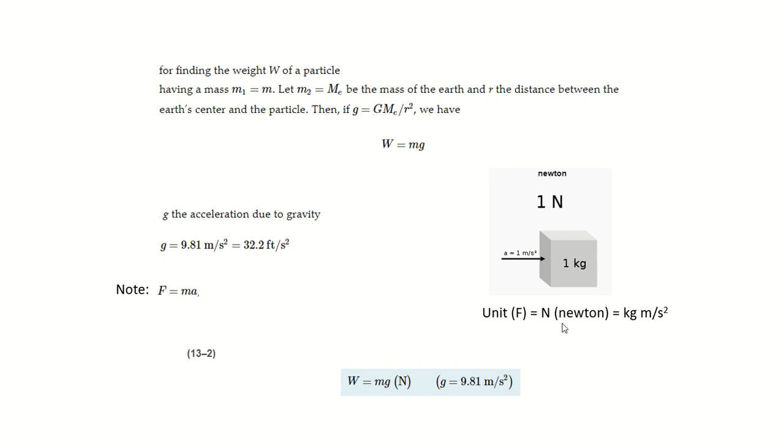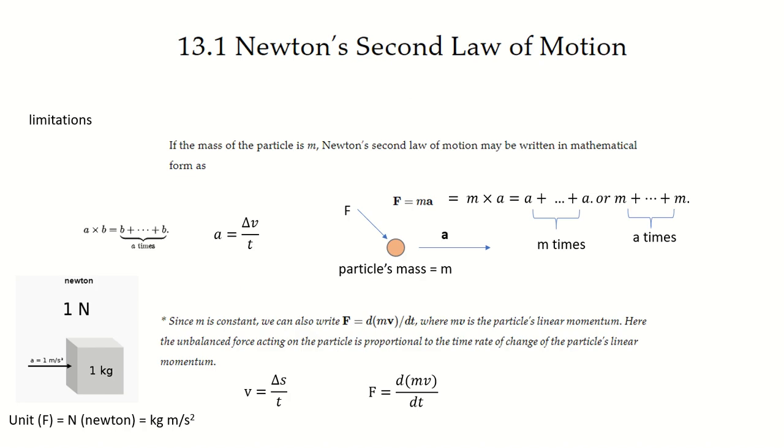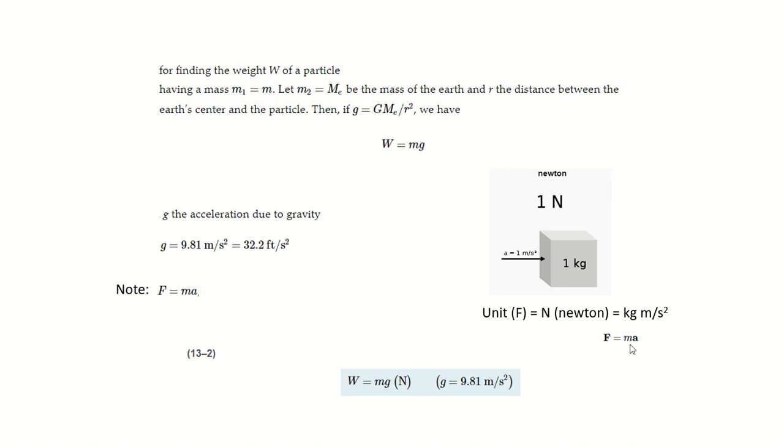Going back one slide, F is equal to ma. That's the same as your weight. In weight, your acceleration is a particular acceleration. If we think about our Earth, that's g, 10 meter per second squared.